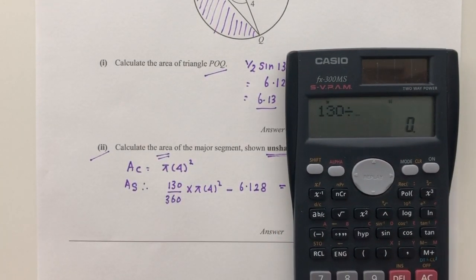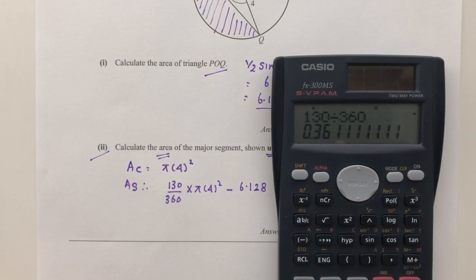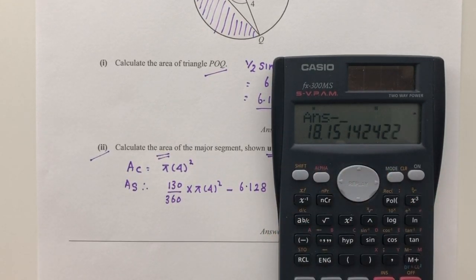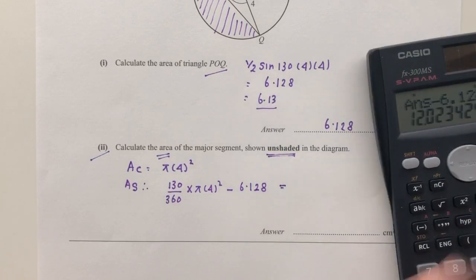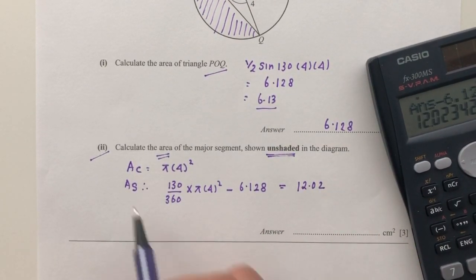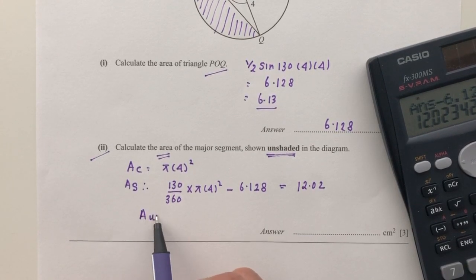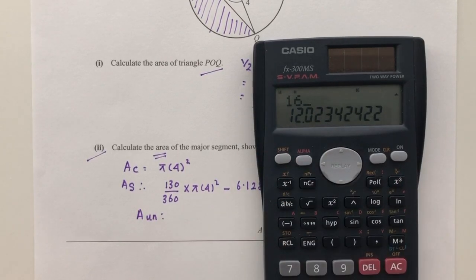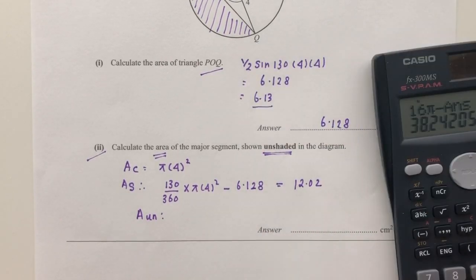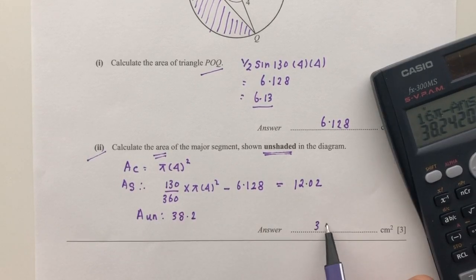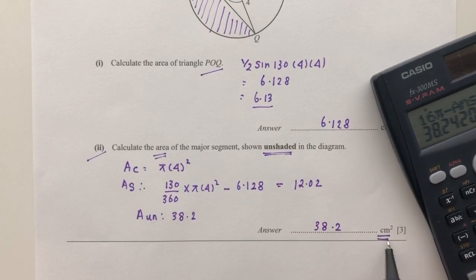So 130 divided by 360 times 16 pi minus 6.128. That will be 12.02. Now the area of the unshaded region will be this one, which is 16 pi minus the answer. That will be 38.2. So the answer should be 38.2 centimeters squared.